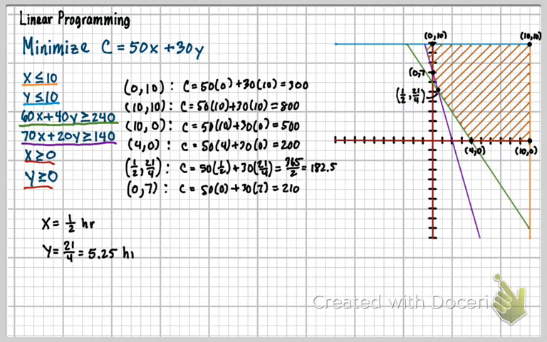And this is 5.25 hours, because remember, x was the time used on machine 1 and y was the time used on machine 2.